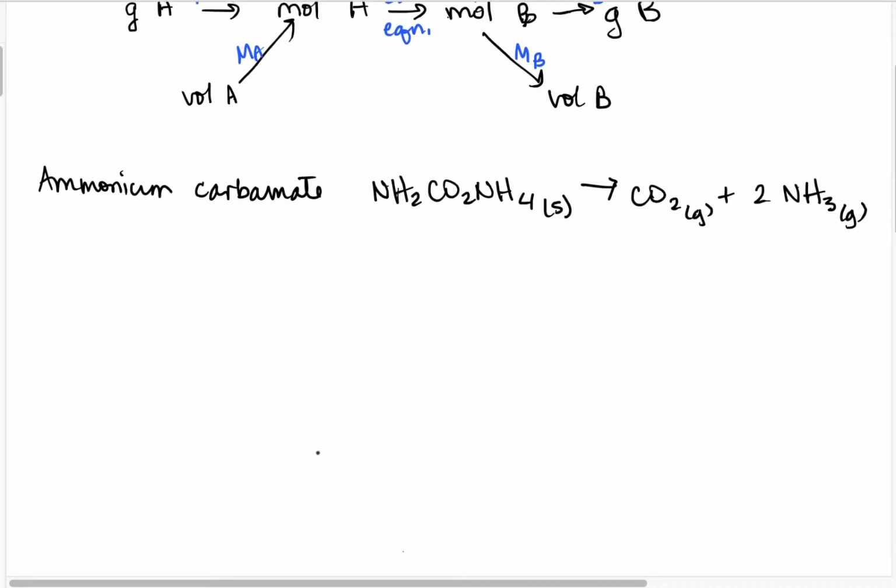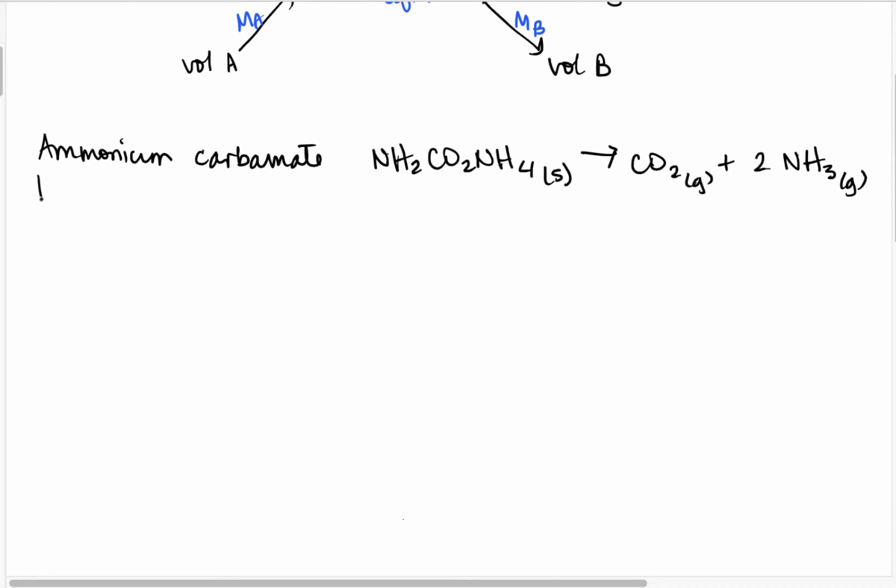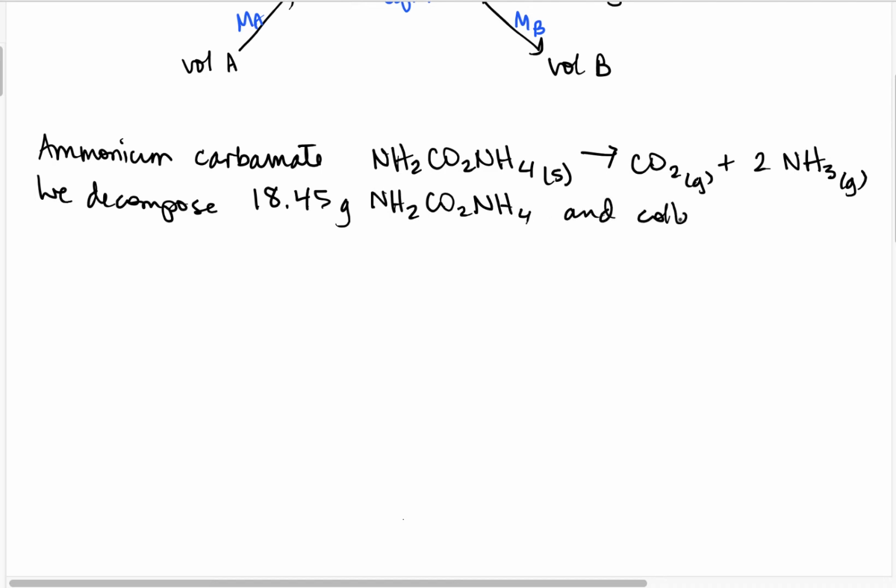So let's say that in this scenario, we decompose 18.45 grams of the ammonium carbamate. And we collect the ammonia gas, and we're going to collect it in an expandable container like a bag or something like that.